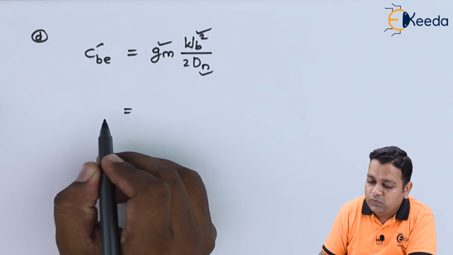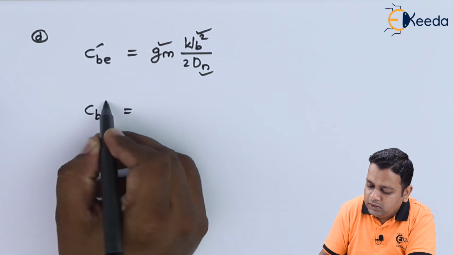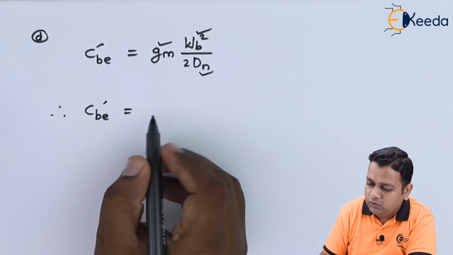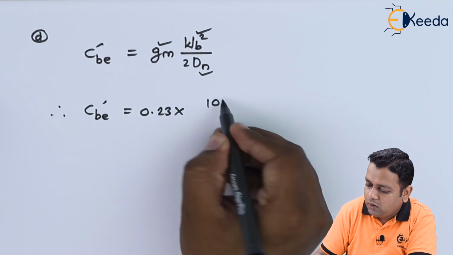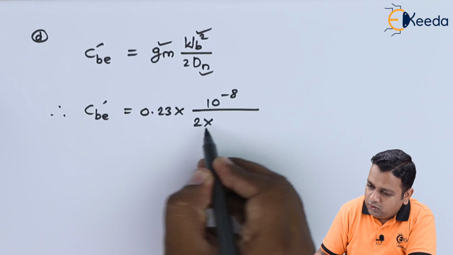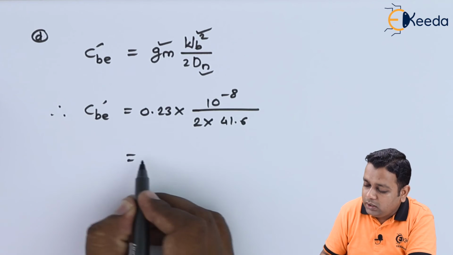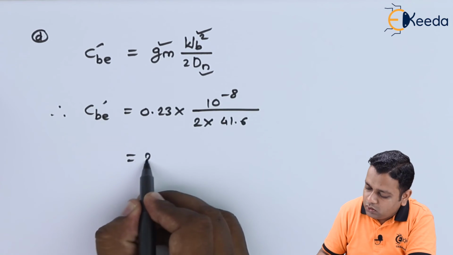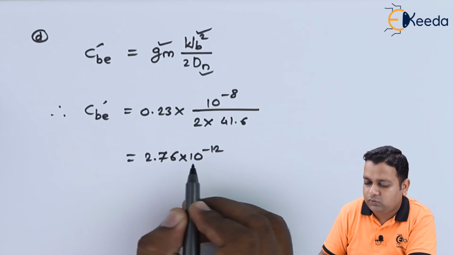So substituting these values we get C suffix BE dash is equal to 0.23 into 10 raised to power minus 8 divided by 2 into 41.6 here. So finally we obtained the answer as 2.76 into 10 raised to power minus 12.